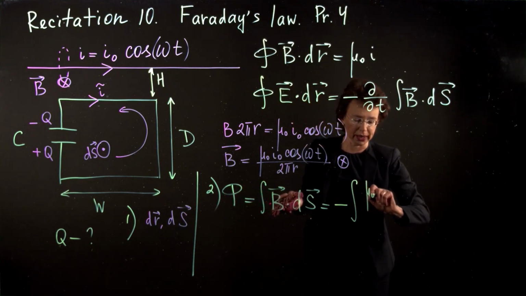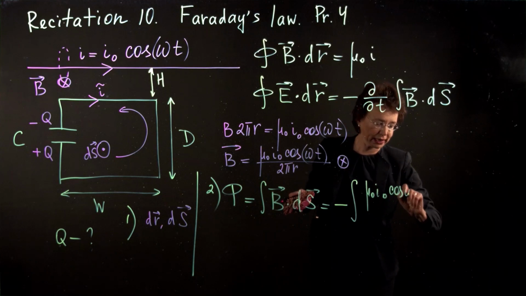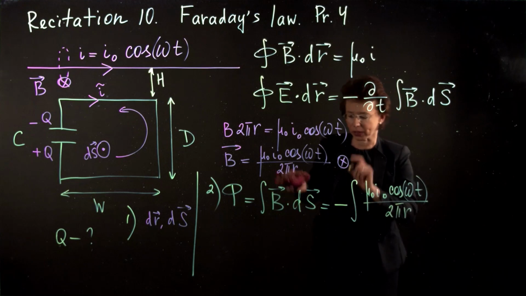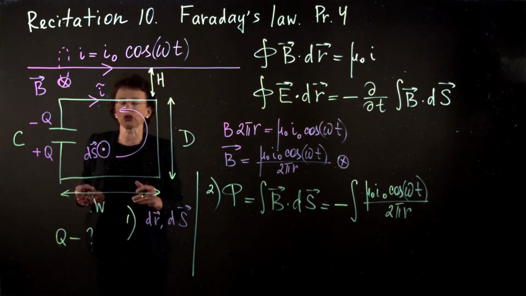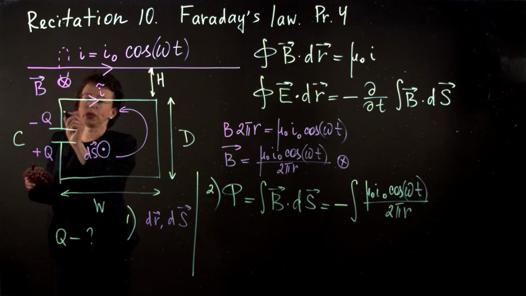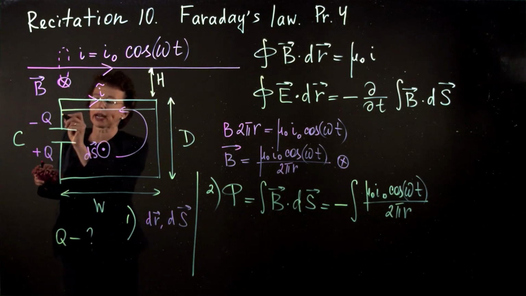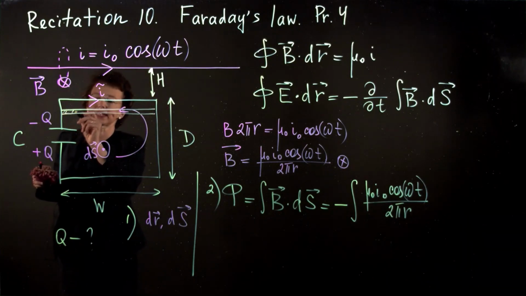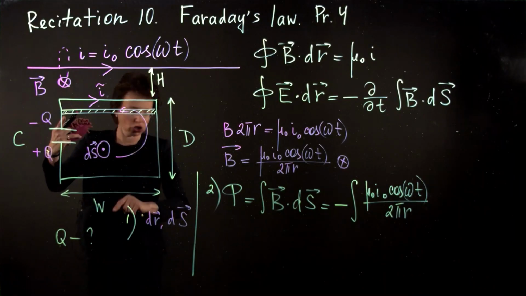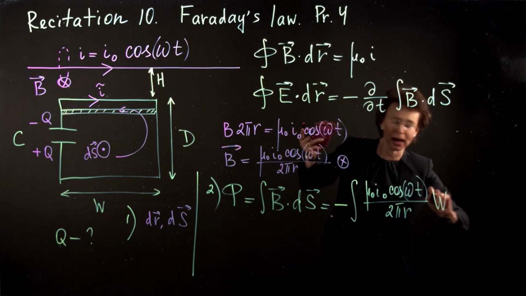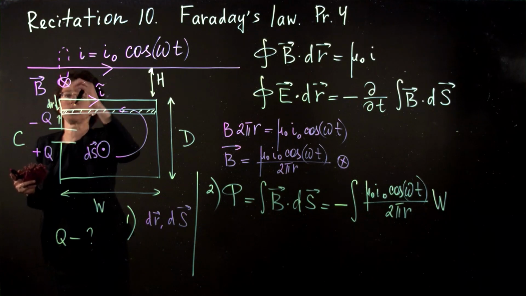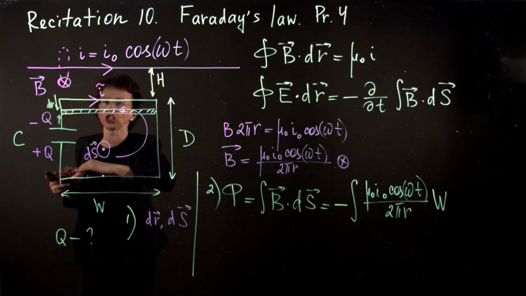Then integral B is right here. It is mu naught I naught cosine omega t divided by 2 pi r. This is B. The question is, what is ds? We already solved a similar problem. Since B is changing, we need to integrate. We need to write ds as the area of this stripe that has this dimension as w, but this dimension is dr, because as we see, magnetic field is changing with r.